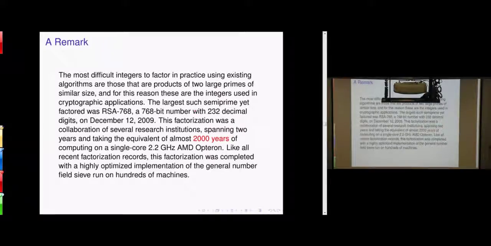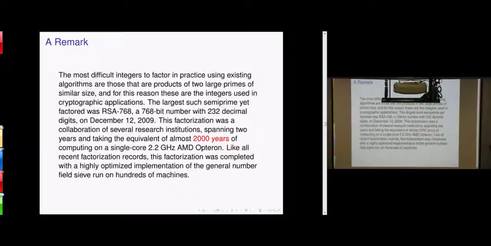Okay, so here are some data. The most difficult integers to factorize in practice using the algorithms are those that are products of two large primes of similar size. For this reason, these are the integers used for cryptographic applications.